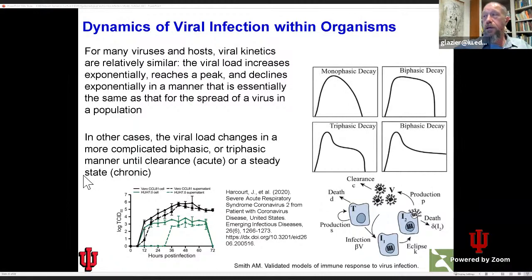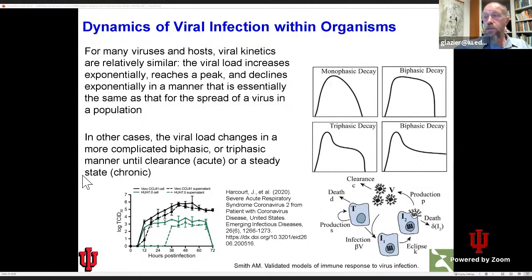So if we look at the viral load in an individual, how much virus you have circulating in your body as a function of time, we find that the time course of the amount of virus in your body changes in different ways for different viruses.